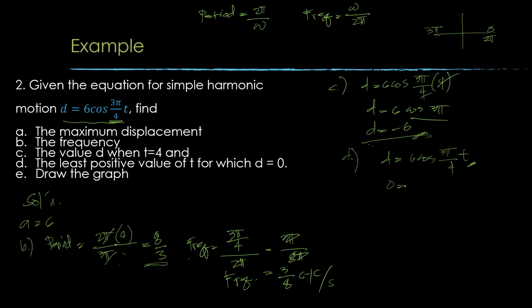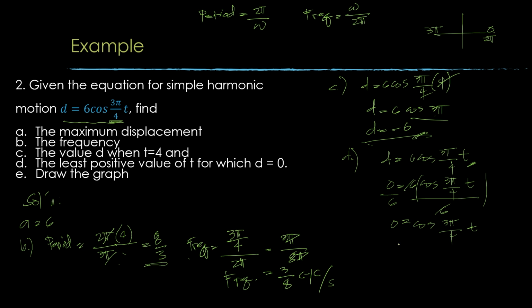So 0 is equal to the cosine of 3 pi over 4 times t. Then take the arc cosine of 0.